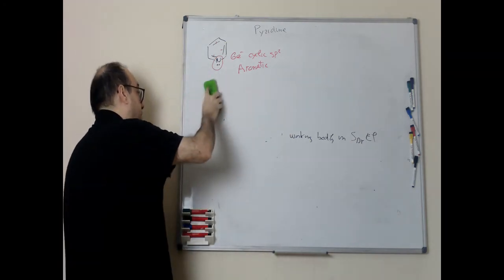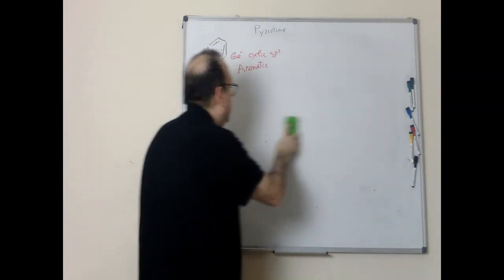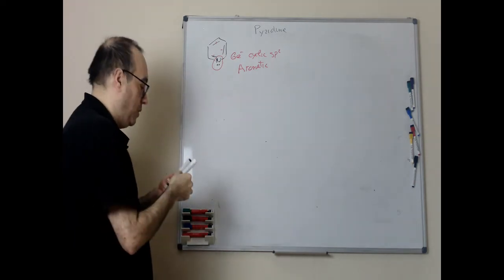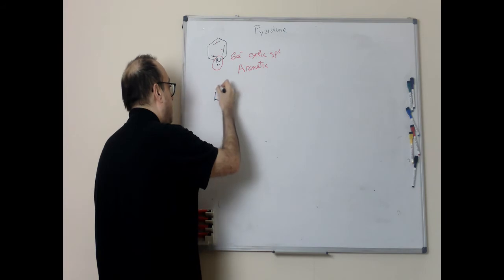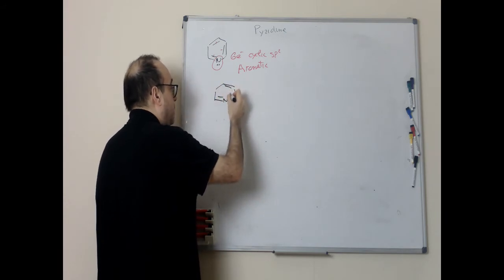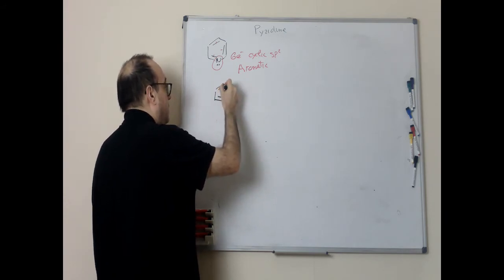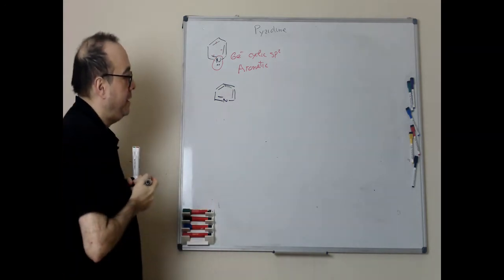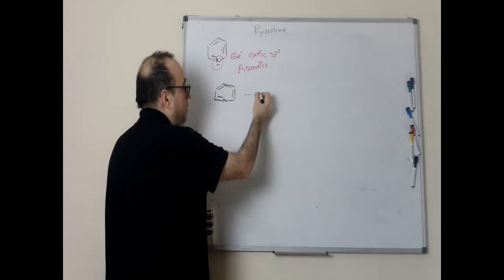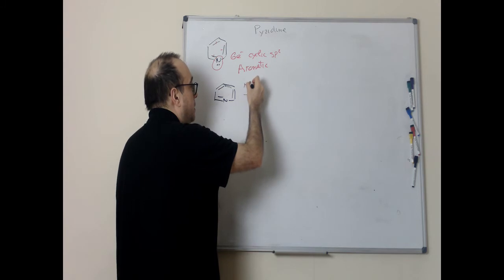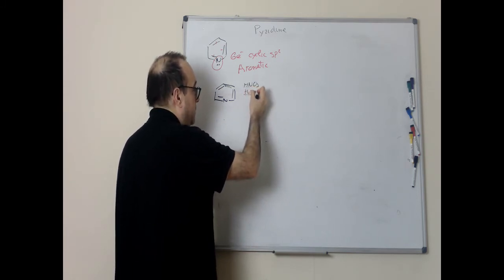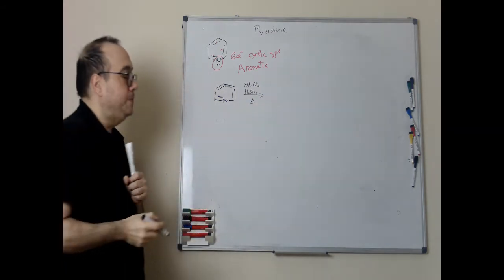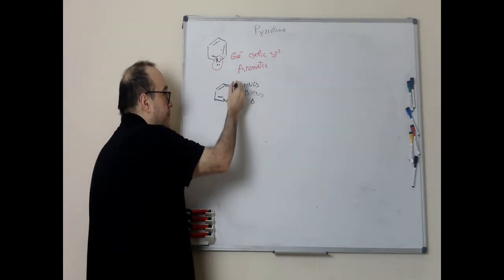If we are able to do it, and that is very difficult, what will be the orientation? Well, pyridine, if we want to do electrophilic aromatic substitution, will go to the meta position.